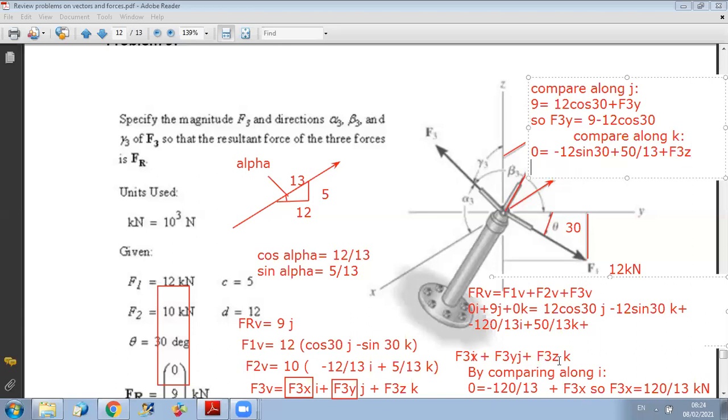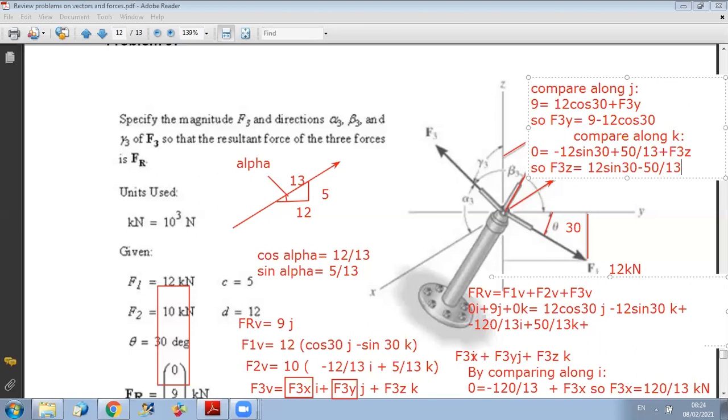Okay? So now, f3z is equal to 12 sine 30 minus 50 over 13. And I am done with vector f3.